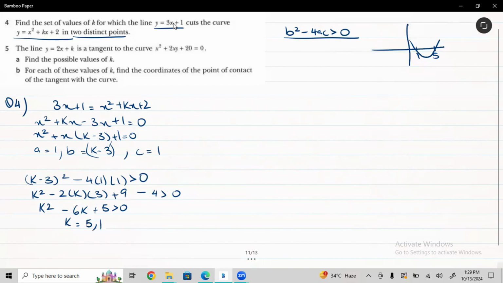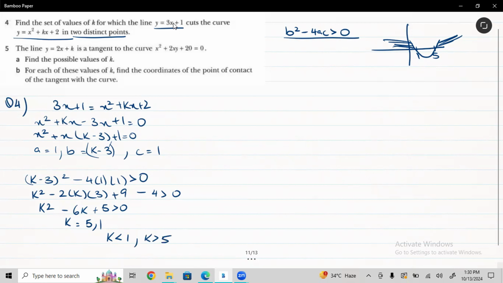If you do not understand what I'm going to do now, watch my previous lectures. It's really important to first clarify the most basic concepts. So what are the values for this parabola which are greater than 0? Well, the values which are below 1 are greater than 0 and the values which are above 5 are greater than 0. So we can say that k is lesser than 1, or k is greater than 5.